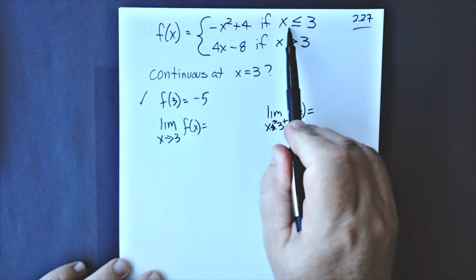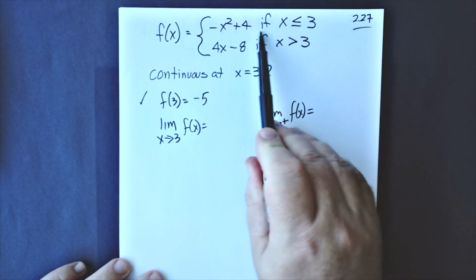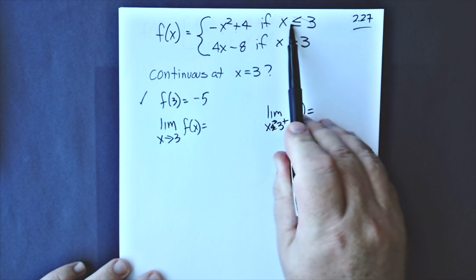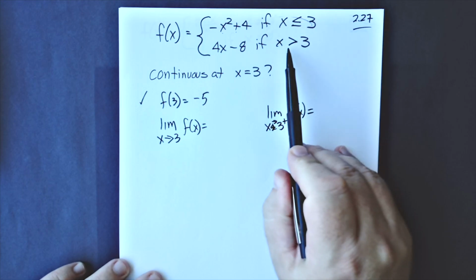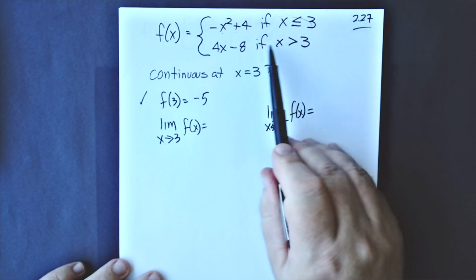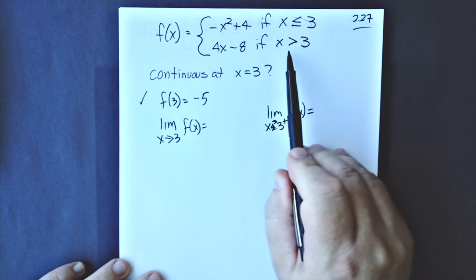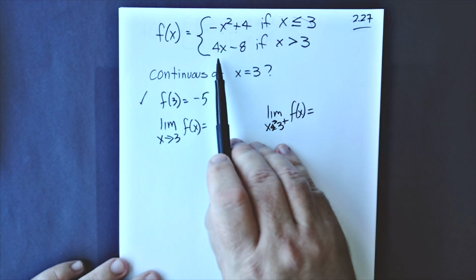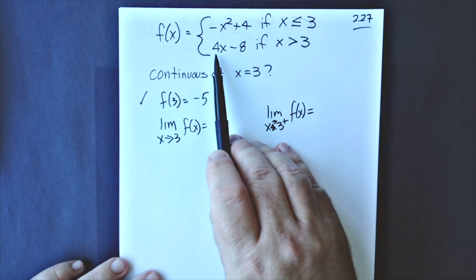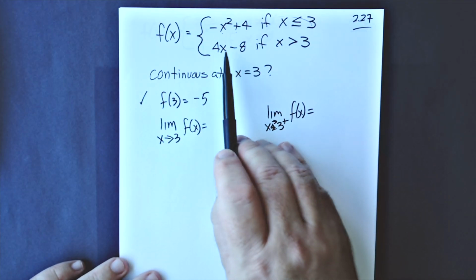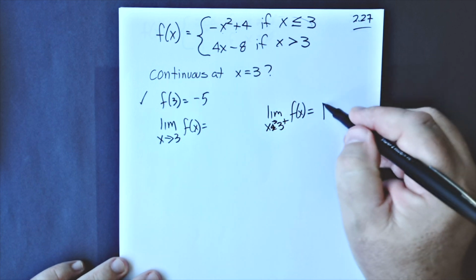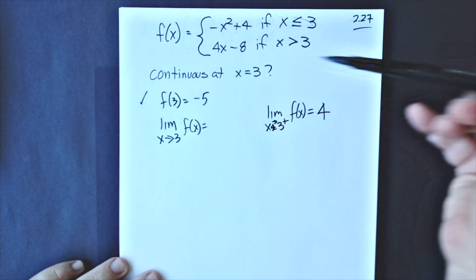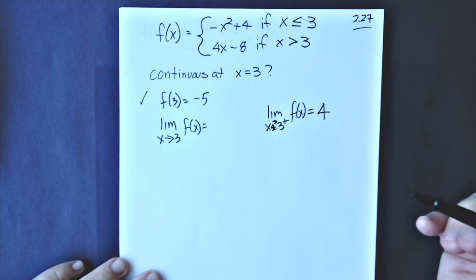It's this function, x greater than 3. That's the one we're looking at. So as I get closer and closer to 3 on this function, I would have 4 times 3 is 12, 12 minus 8 is 4. So I'm getting closer and closer to 4 as I'm coming this way.